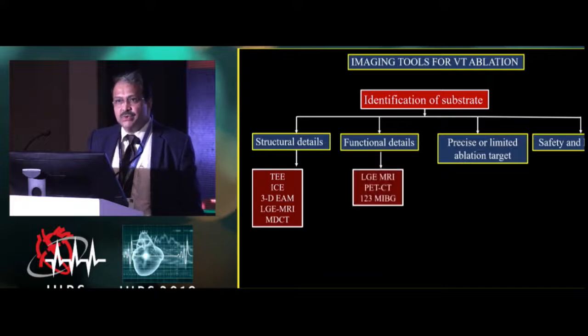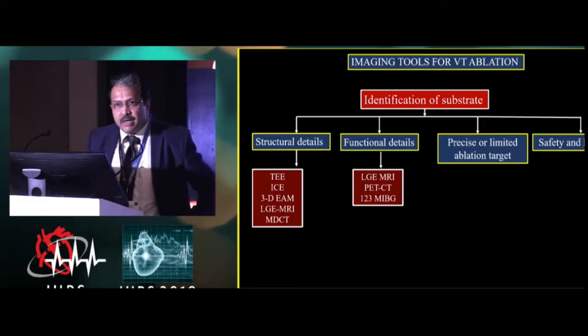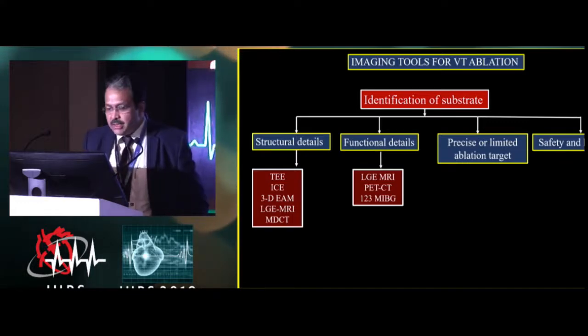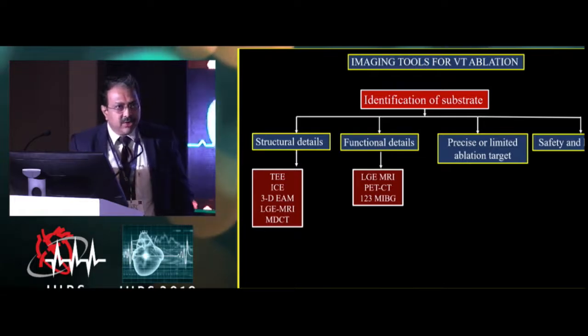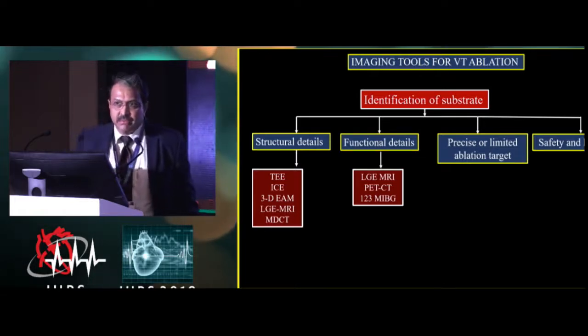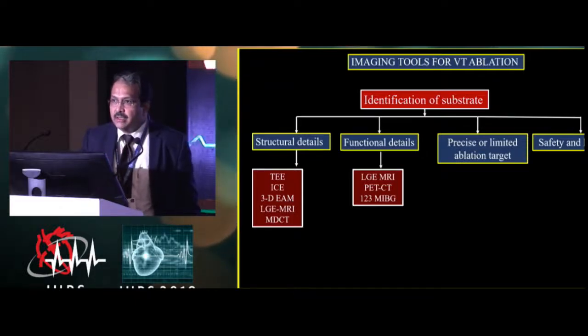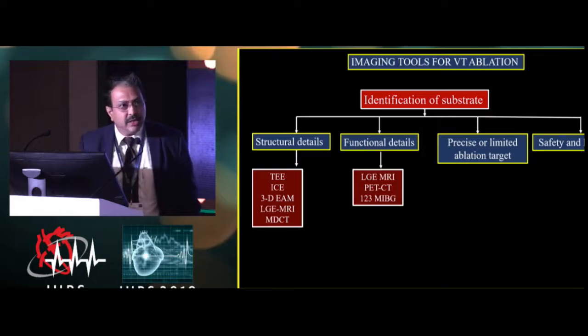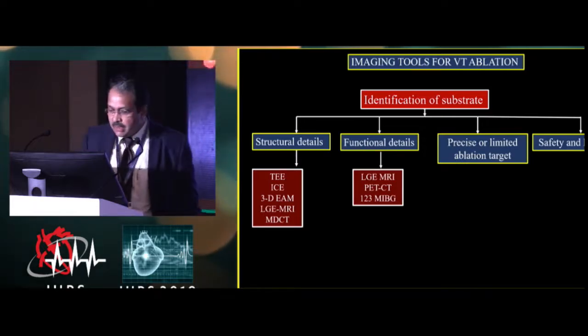When it comes to the viability of the scar tissue or the border zone, etc., the MRI scans do this double purpose. And recently another imaging modality, which is not yet being practiced in India but elsewhere, is to really identify the amount of innervation of the cardiac tissue by I-123 MIBG nuclear scans.